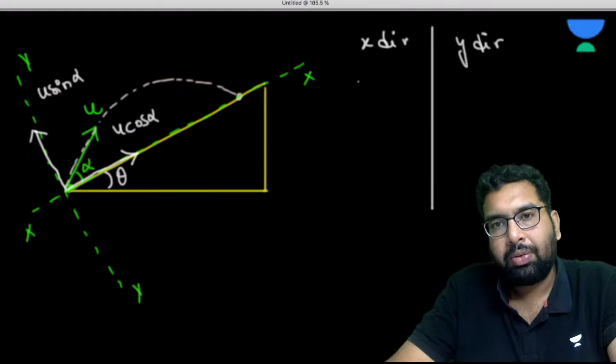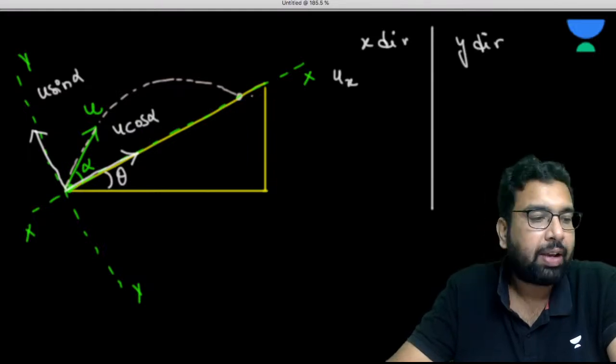In the x direction, what is the initial velocity? Remember we have shifted this whole x.